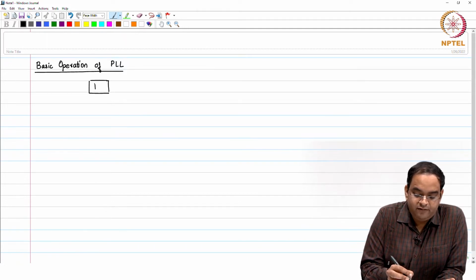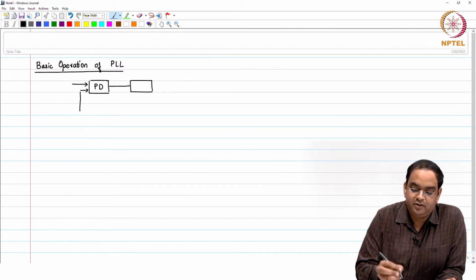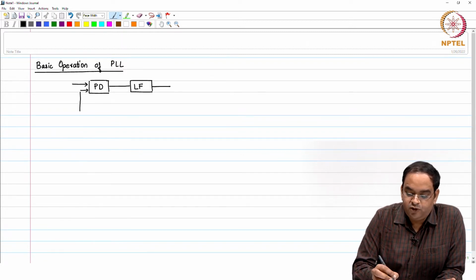You have a block called phase detector. It has two inputs and the output of the phase detector goes to a loop filter. This is the loop filter, and the output of the loop filter goes to a voltage controlled oscillator for now.